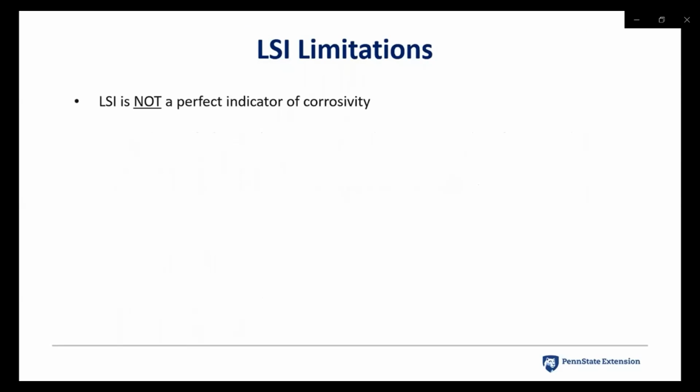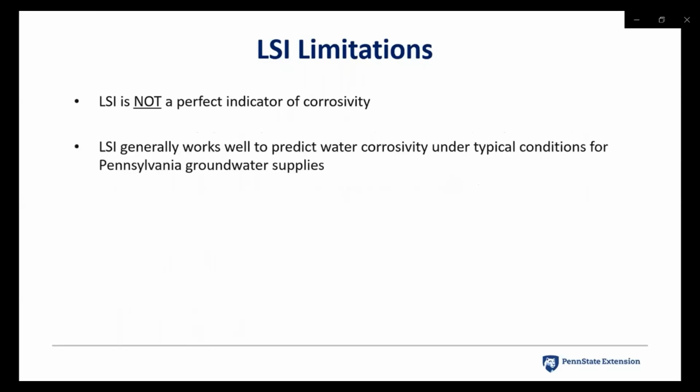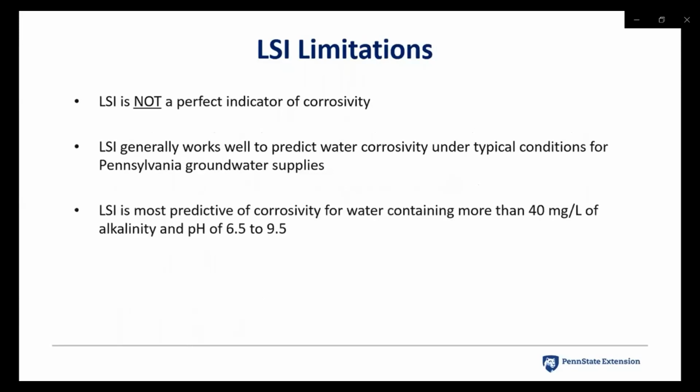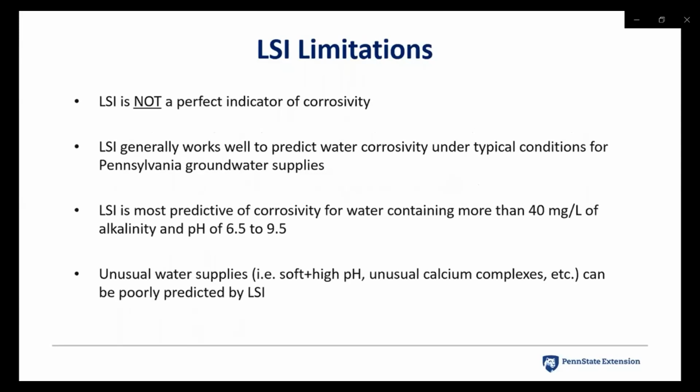But if we're just trying to use corrosivity, there's nothing perfect about this or any other index. It works pretty well here in Pennsylvania, and that's why it's our preferred index for private water systems. It's most predictive for corrosivity for water that has more than 40 milligrams per liter of alkalinity and a pH of 6.5 to 9.5. That encompasses the vast majority of the groundwater we see in this state.